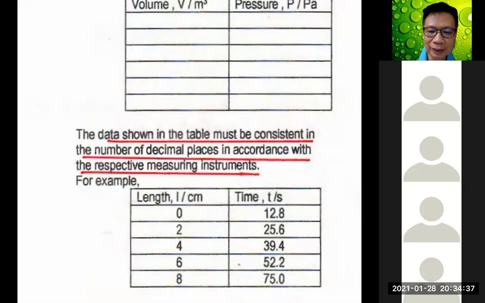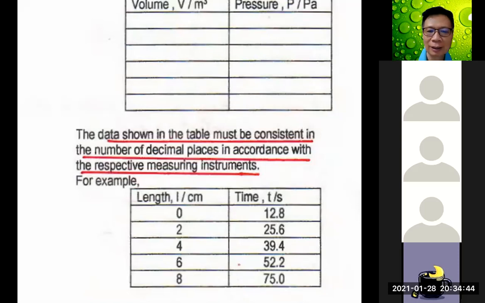Isabel, where are you? Yes, sir. Isabella, after you read this paragraph, what is the meaning? The number of decimal places you record must be the same. Yes, correct. Consistent means must be the same.